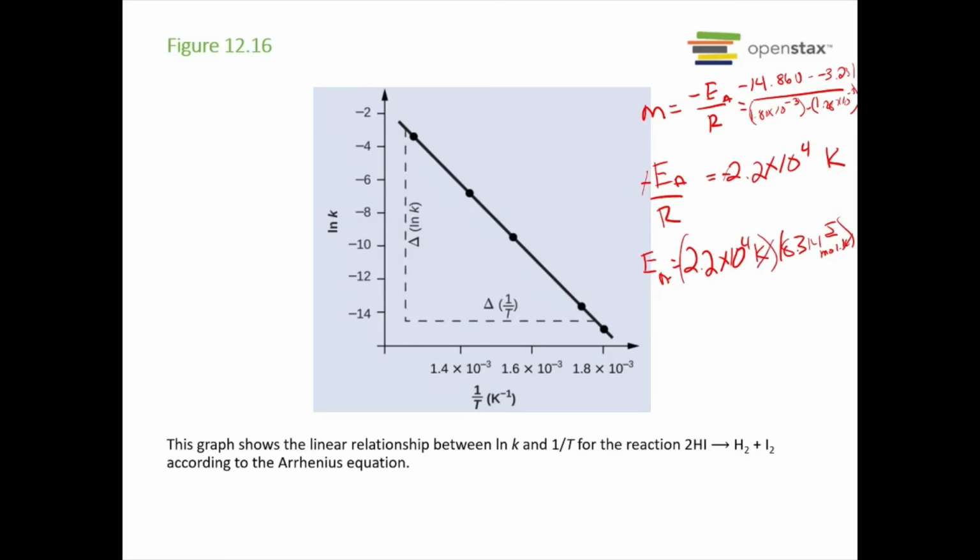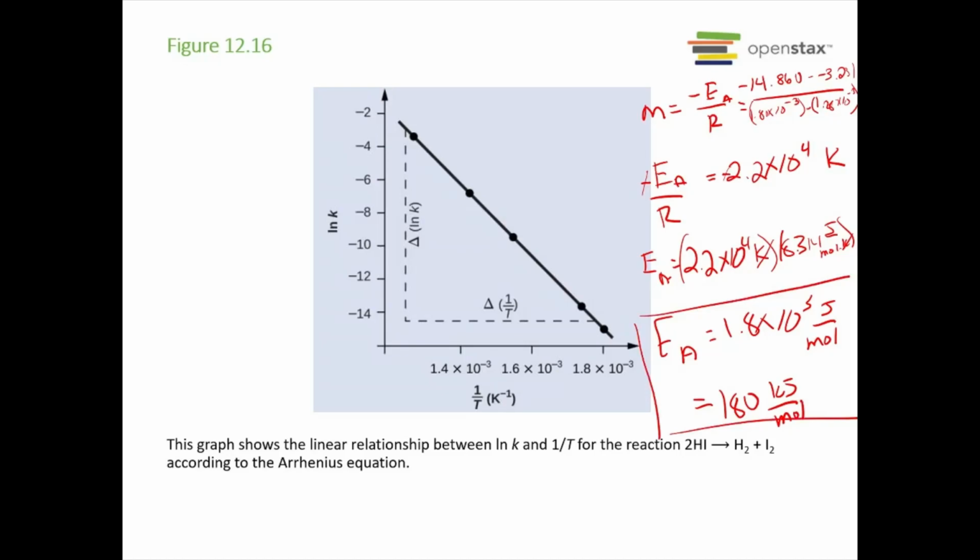So Kelvins cancel. And this is now equal to 1.8 times 10 to the fifth joules per mole, or you could say it is 180 kilojoules per mole. So that is how we can find activation energy from a graph.